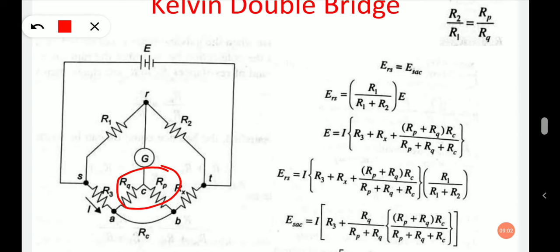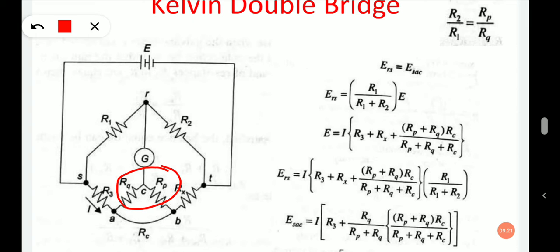From the figure we can say that the new arms P and Q are connected to each other at point C. The galvanometer is also connected at the same point. This reduces the error in determining a suitable point for connecting the galvanometer.